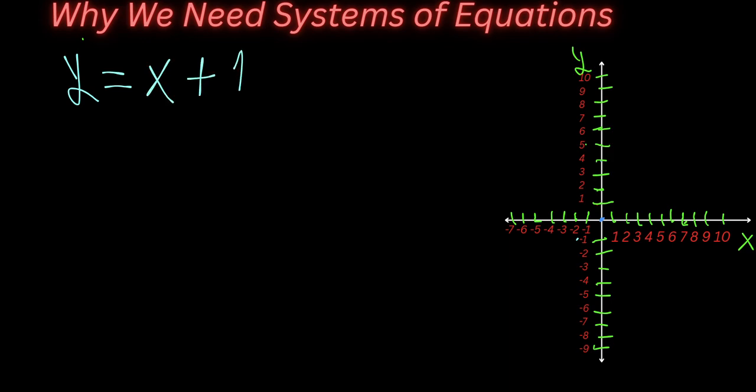We have y equals x plus 1, and y equals negative x plus 5. Now we find a very interesting property when we make the system of equations: we're going to be able to find one solution, most of the time, that can satisfy both of these.